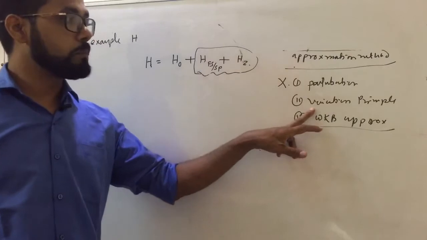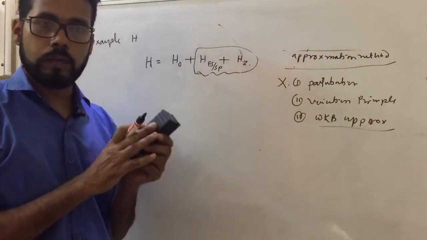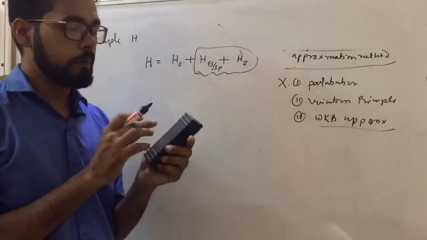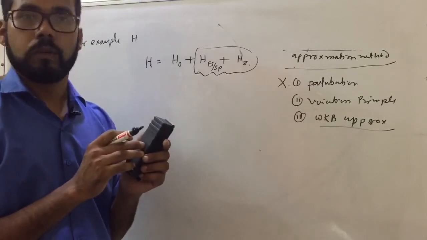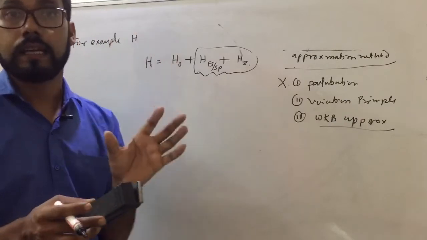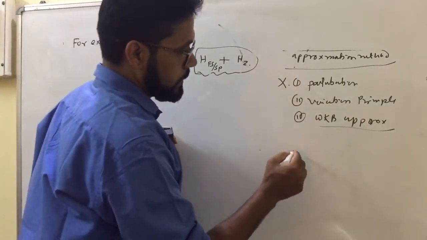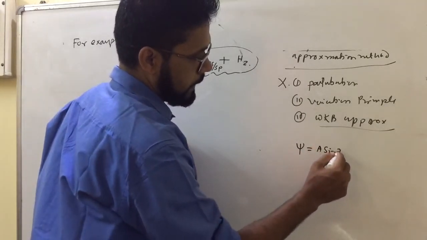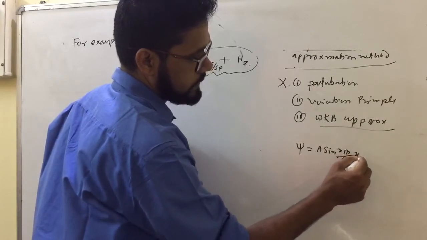But the variational method requires that, if you don't know the original Hamiltonian, it's okay, but you must have some basic idea about the ground state wave function of the system. Ground state or first state, second state wave function, you must have some idea. For example, we know the wave function of a particle in a box, sin(nπx/L), this is the formula.